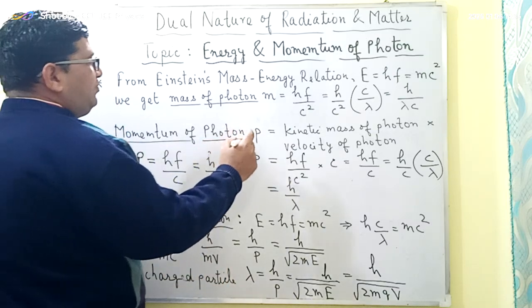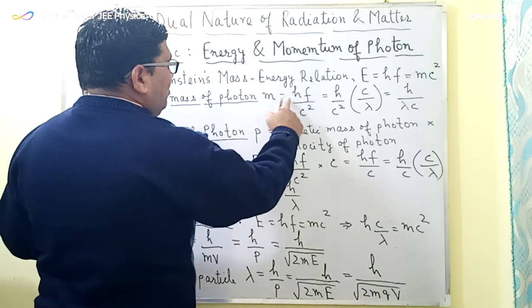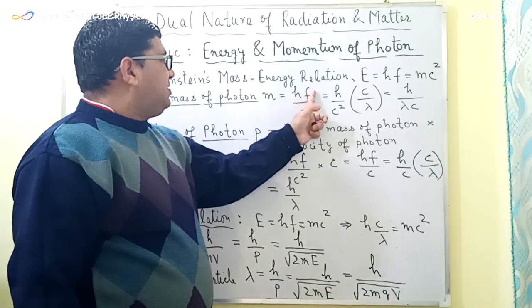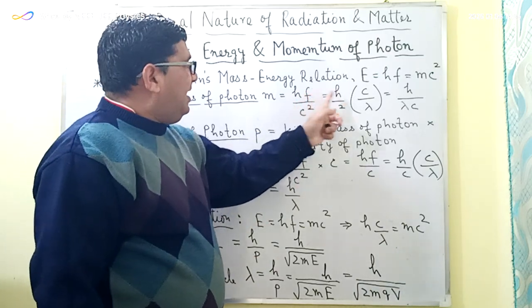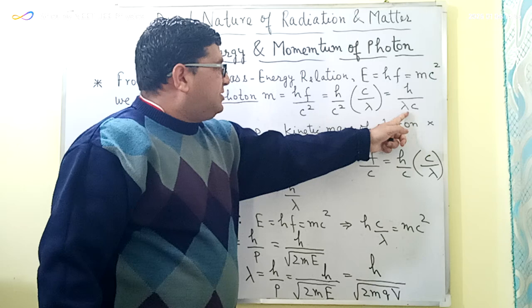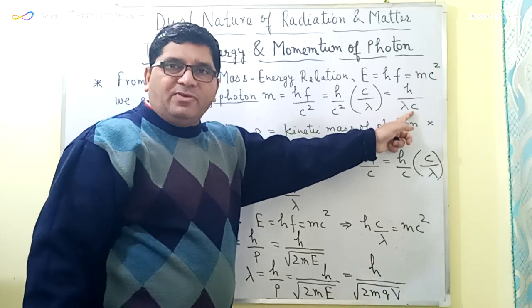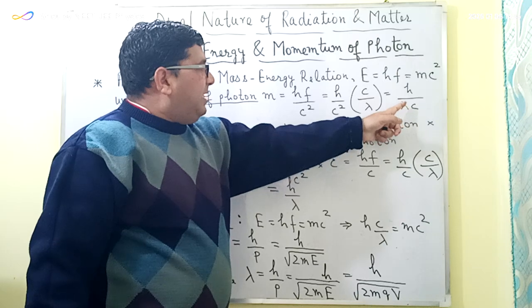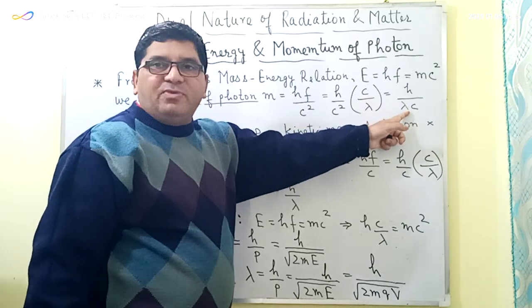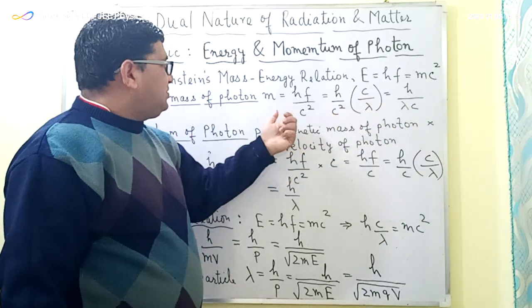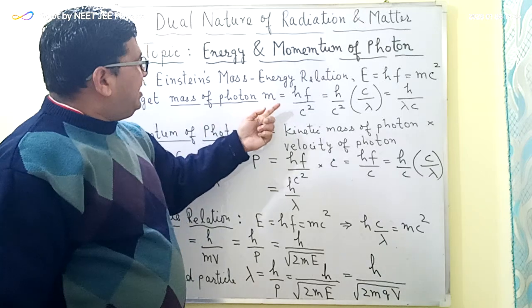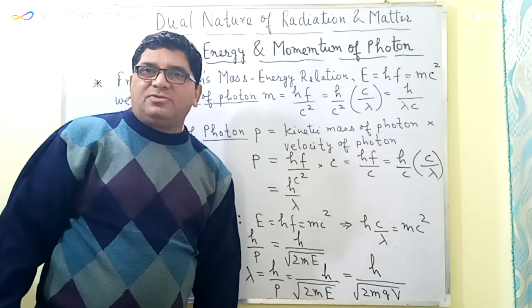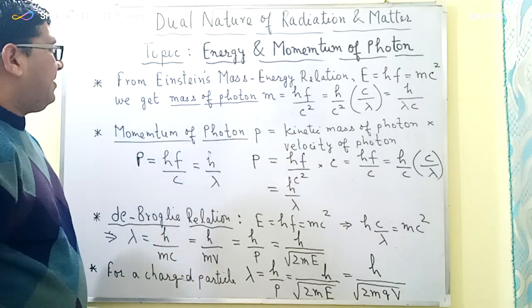So the mass of the photon is equal to hf upon c square in terms of the frequency of the incident radiation, and it is also equal to h upon c lambda in terms of its wavelength. So the mass of the photon can be calculated by this formula if the wavelength is known, and by using the relation hf upon c square if the frequency of the incident radiation is known to us.